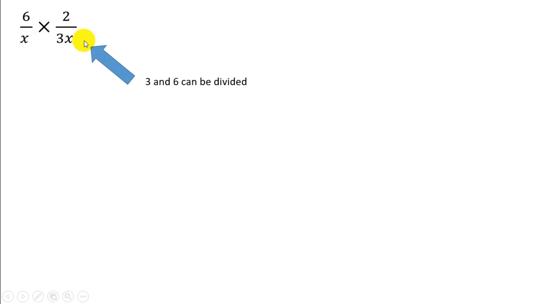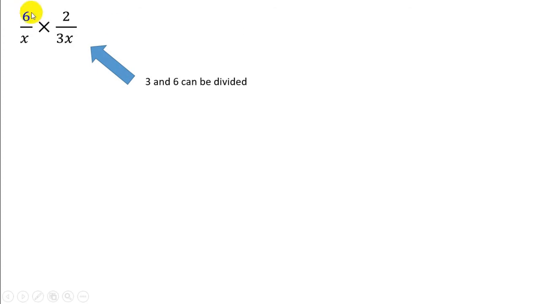When we divide, always remember we divide the values of the numerator against the denominator. It is not numerator versus numerator or denominator versus denominator. It is always numerator versus denominator or denominator versus numerator.